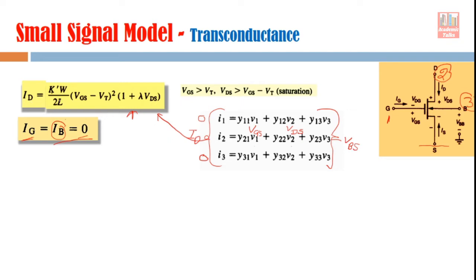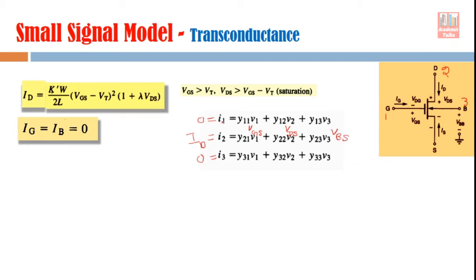ID equation is given here. VGS is there and VDS is there. These two voltages are given here. The first terminal is the gate terminal, drain was the second terminal, and this bulk was the third terminal. So V1 is your VGS, V2 is your VDS, and V3 is your VBS.